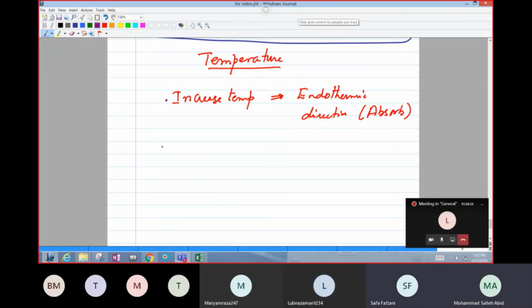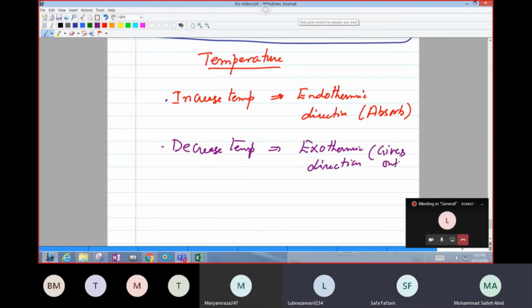And if you decrease the temperature, the reaction prefers the exothermic direction. Any problem with this? Because they will increase the temperature, right? Yes, because exothermic means it gives out heat. It gives out heat, so it will increase the temperature.